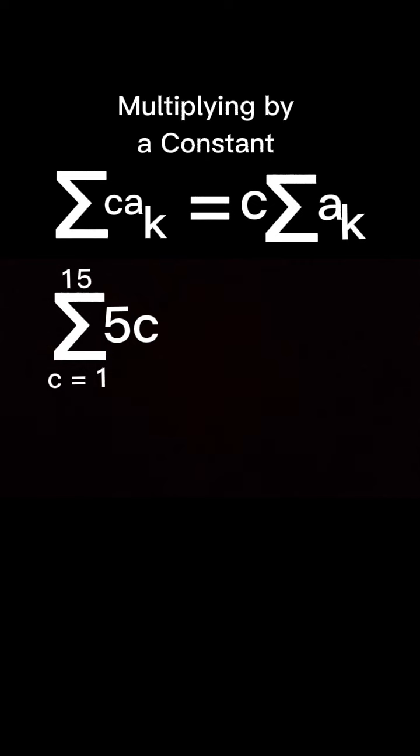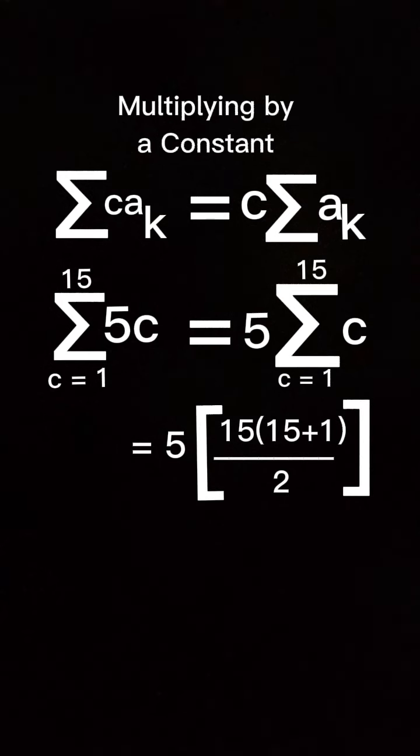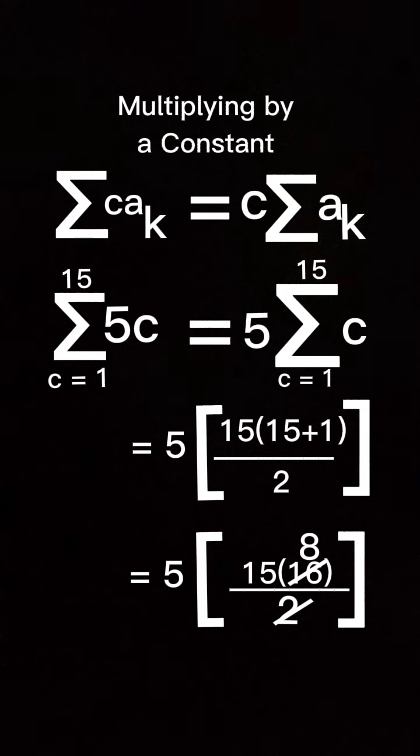Third property is multiplying by a constant. The sum of 5c as c goes from 1 to 15. First, we will separate the constant, which is 5. Then we will solve the rest using the previous property, which is getting the sum of k. 5 multiplied to the overall sum of 15 multiplied by 15 plus 1 all over 2. 15 plus 1 is equal to 16. 16 and 2 have a common factor, which is 2.